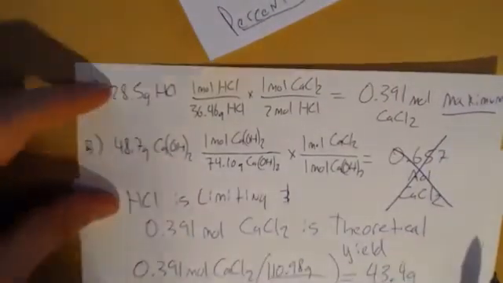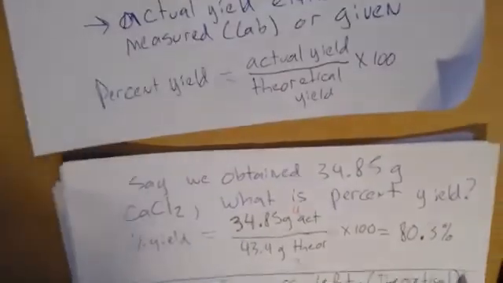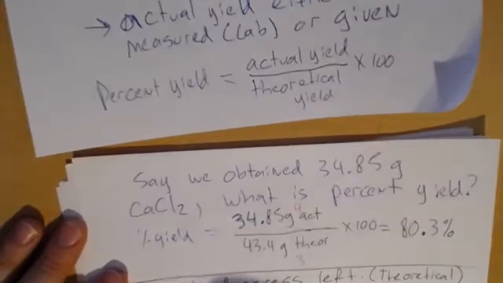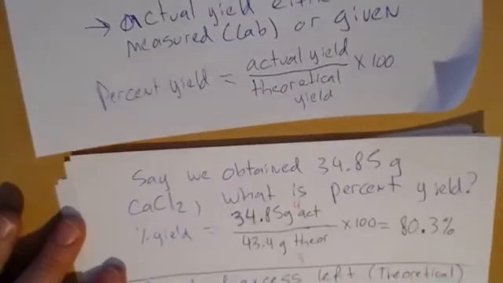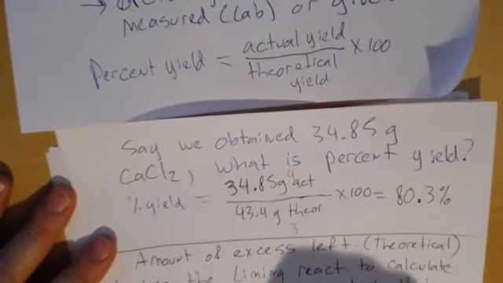So I had 28.5 grams of HCl. So I'm going to use that. 28.5 grams of HCl, and I got to convert it into moles. 36.46 grams, 1 mole of HCl. To get moles of HCl.